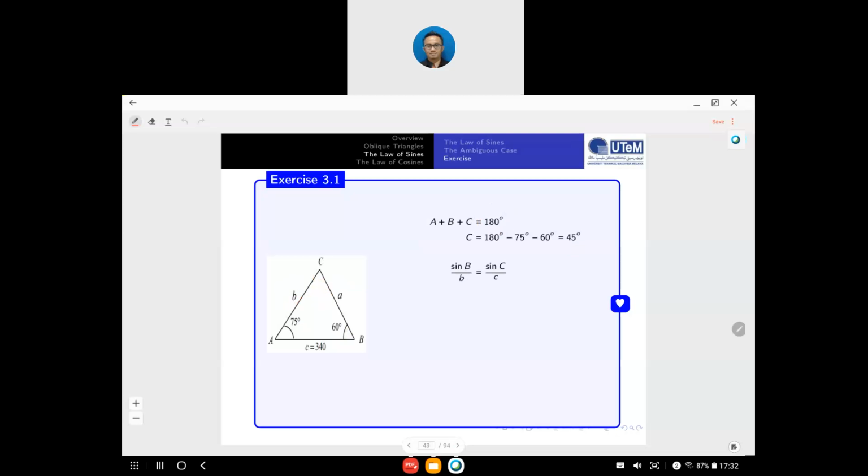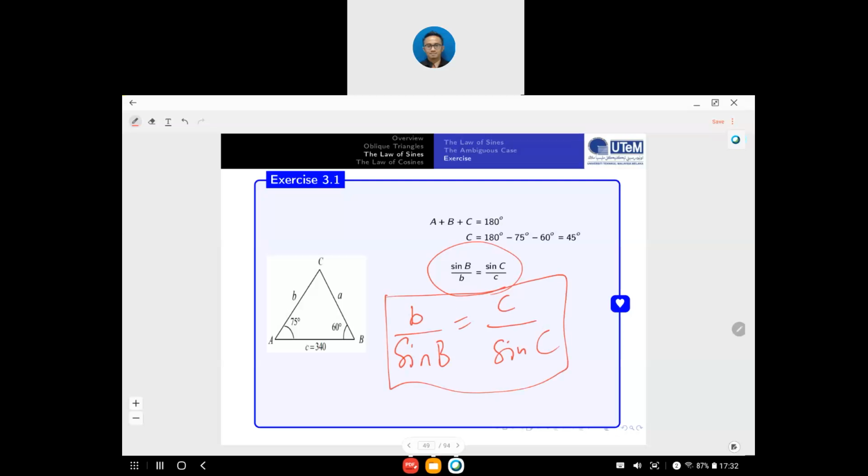Okay, sin B over b equals sin C over c. Okay, so we are using this one. Actually, for the law of sine, you also can use b over sin B equals c over sin C. It's up to you, you can choose either one, it's the same thing because it is in terms of ratio.